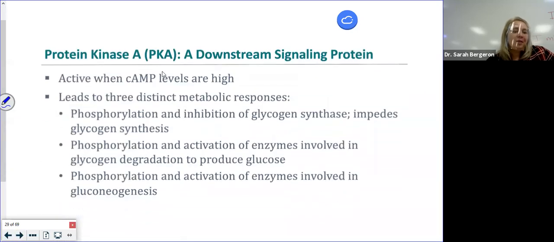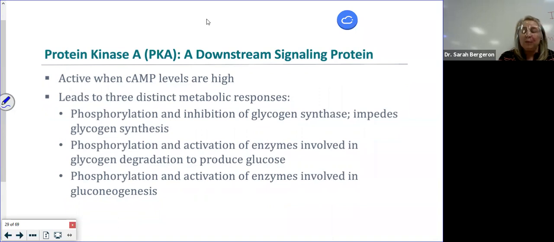Okay, so we got PKA. PKA becomes active when cyclic AMP levels are high. So when you think about this, what do we want to happen? If we are in a starvation state, a fight or flight state, we want glucose in the bloodstream, right?